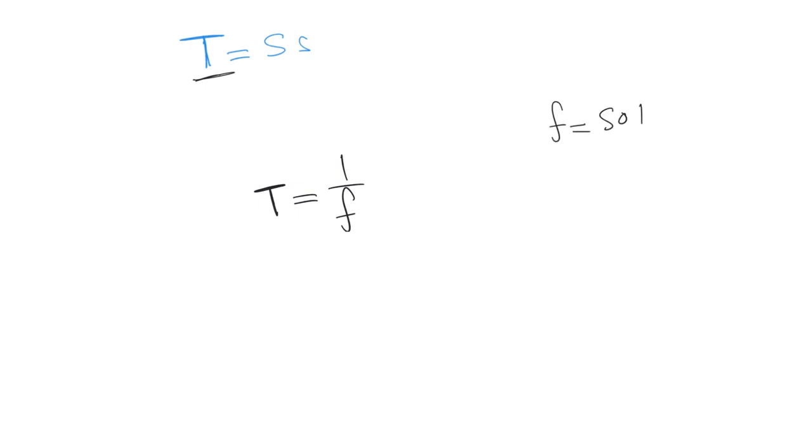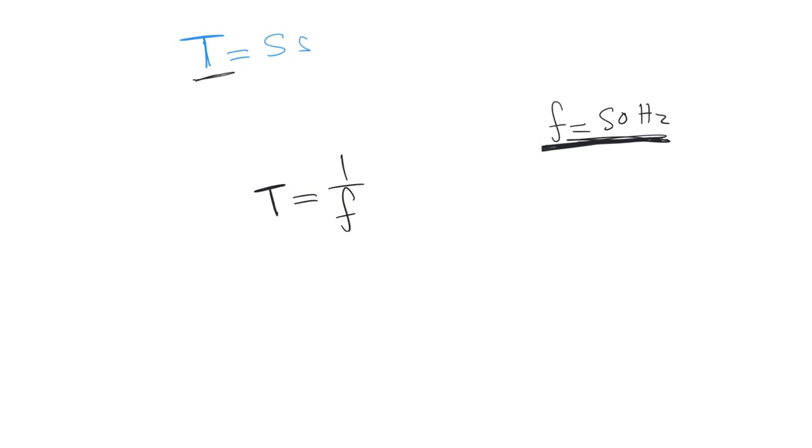And always T is equal to 1 over the frequency. So for example, if we have the frequency 50 hertz, that means what? That means the particle does 50 oscillations in 1 second.